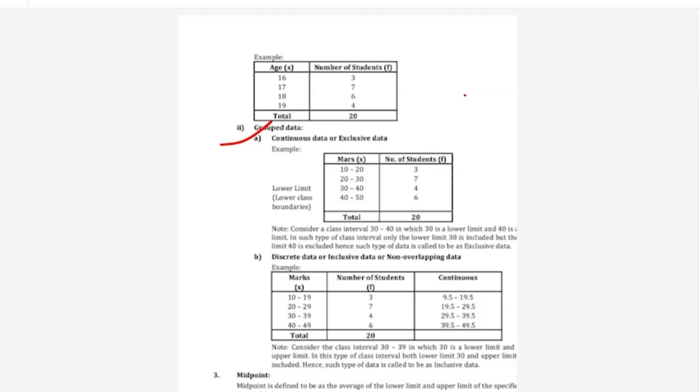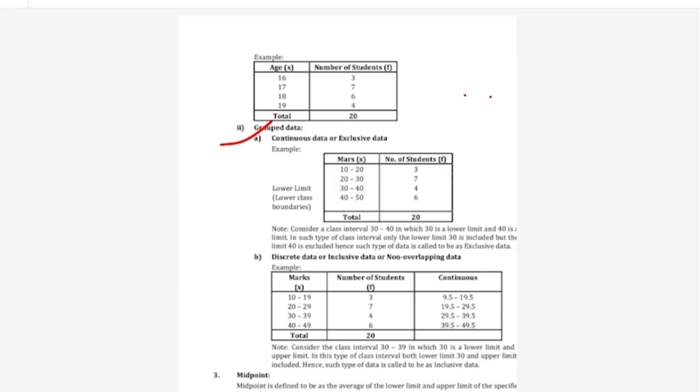The marks of the student are being classified into four groups.